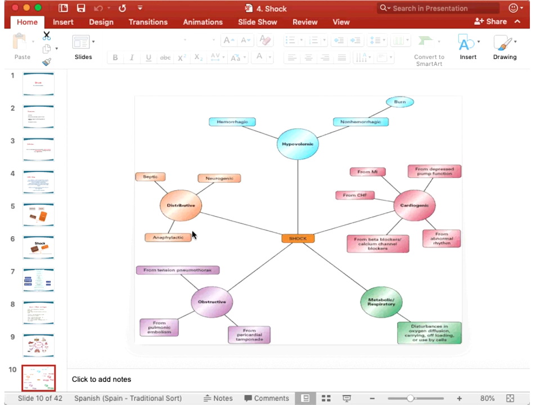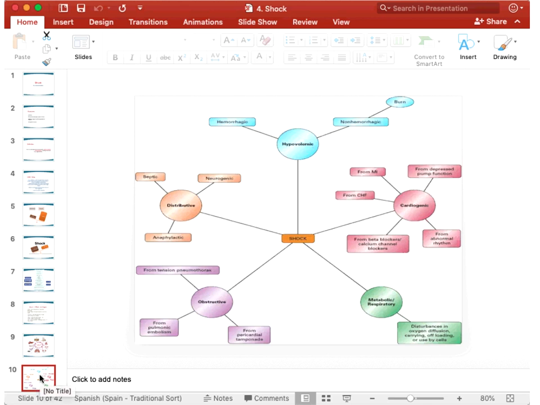So we have a lot of volume lost into the third space, such as septic shock, neurogenic shock, and anaphylactic shock. The obstructive shock, we're calling this specifically the tension pneumothorax or cardiac tamponade, and we have to act very quickly. These can be seen in a trauma setting.